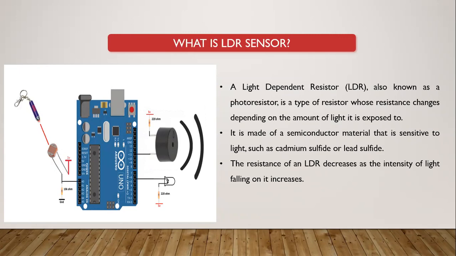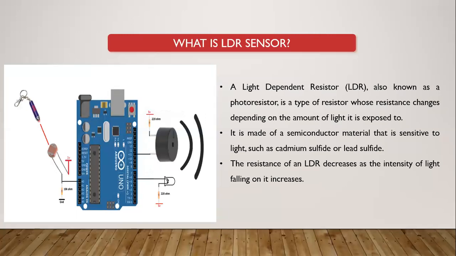This is one type of sensor that we can use in applications where, if there is no light, the light will automatically glow. If there is enough light, then the light will automatically go off. We can observe this in our mobile phones also, in our screen brightness.